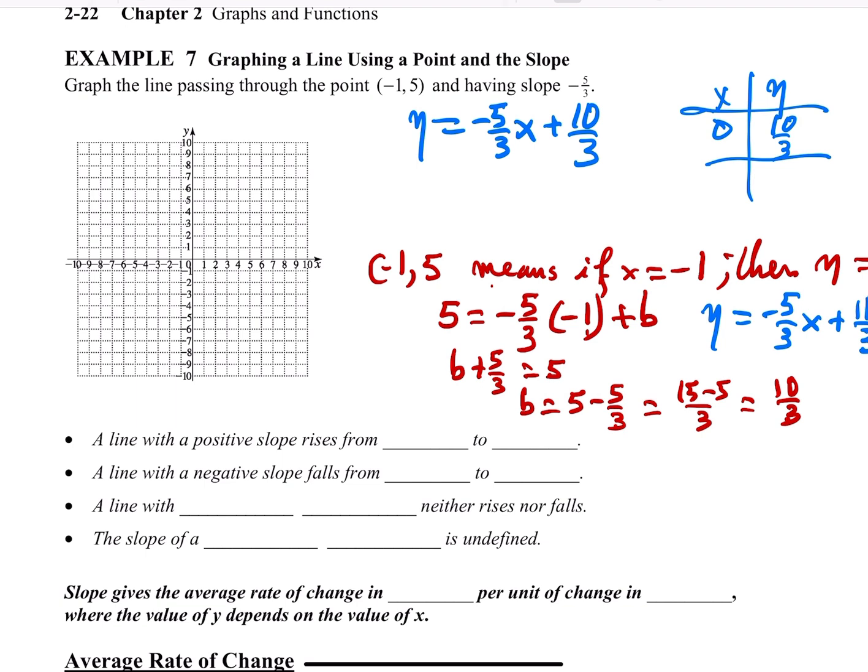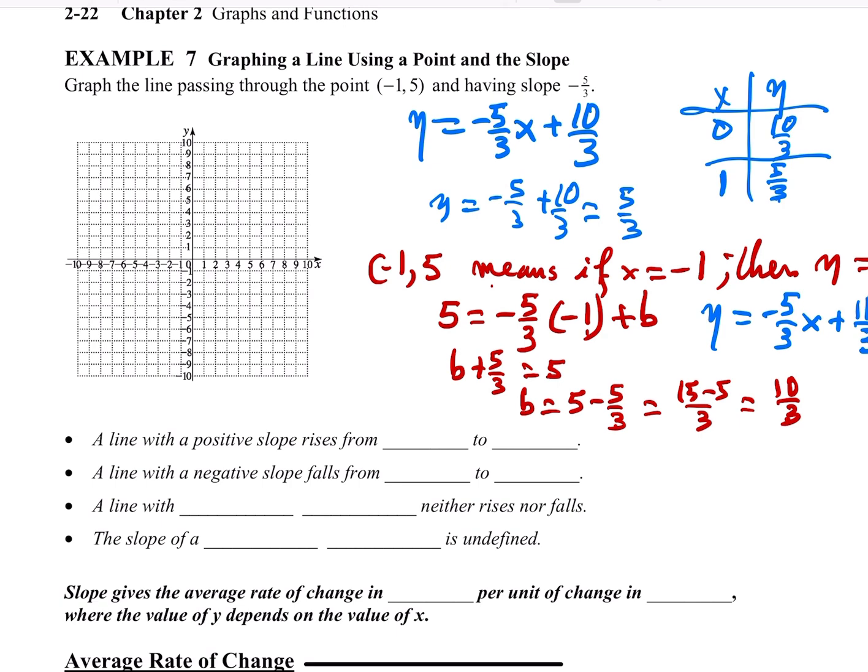Let's choose x equal to 1. So if x is equal to 1, you have y equals negative 5 over 3 plus 10 over 3, so you have 5 over 3. Okay, now put the point back here.